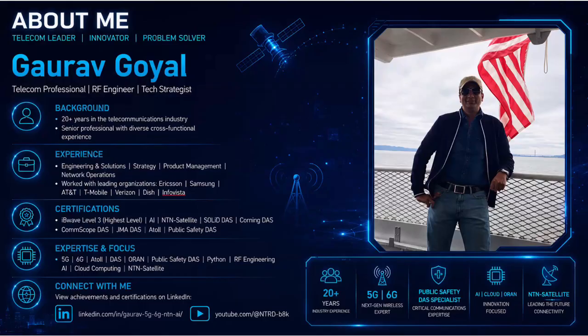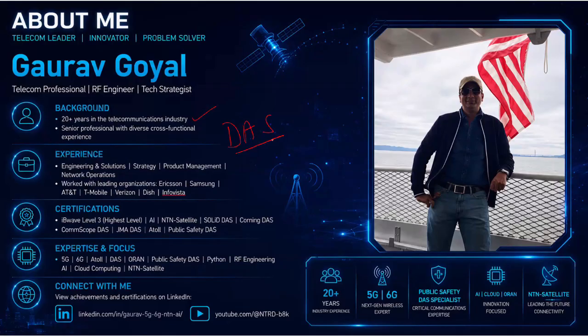I have around 20 years of experience in the telecom industry, mainly in wireless networks. Over the years, I have worked in RF design, network planning, optimization, and in building wireless solutions called DAS, so I have expertise in DAS.